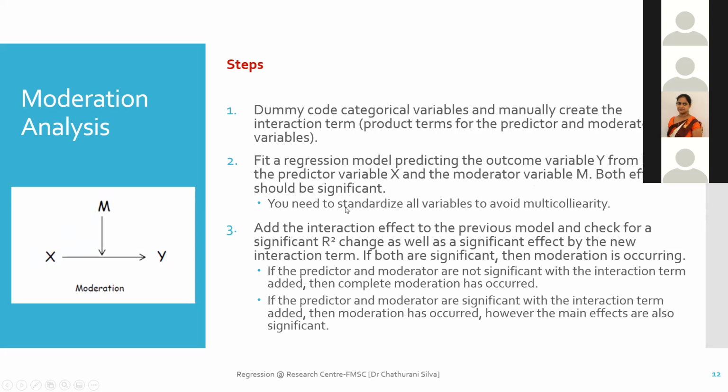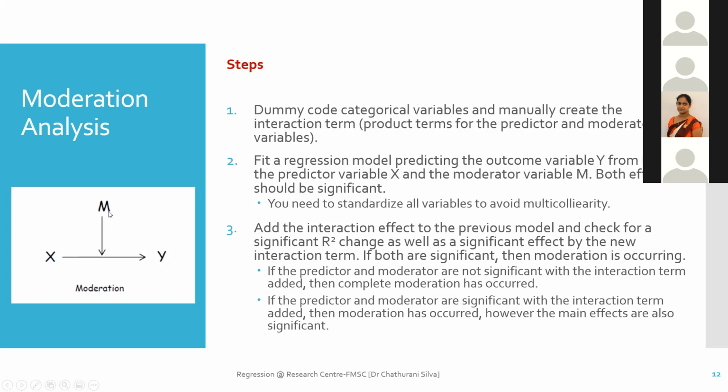You need to standardize all the variables to avoid multicollinearity, because when we are multiplying these two and including that interaction effect into your model, in most cases we get high multicollinearity, so we have to standardize the variables first.